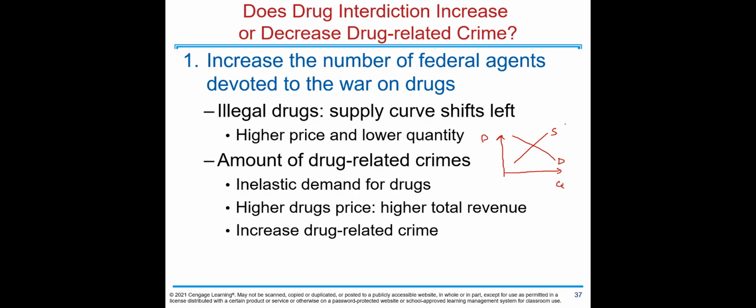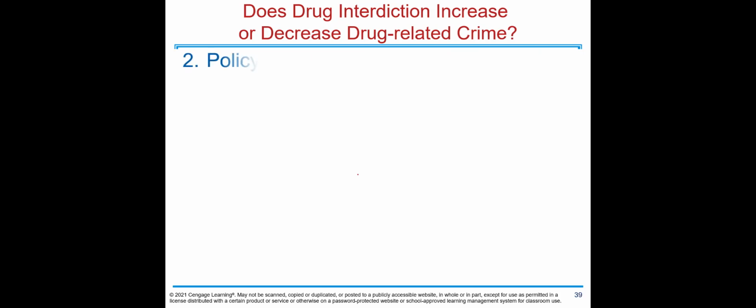Because now federal agents are going to catch people, the supply is going to shift to the left, right? And because of that, the price of the drugs is going to increase. And if the price of the drugs is going to increase, remember, this is inelastic. When the good is inelastic, total revenue increases. Total revenue is going to rise. And therefore, when there is more money in this crime, more people are going to commit the crime, and that will increase the drug-related crime.